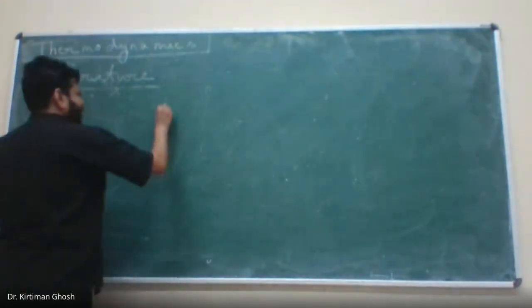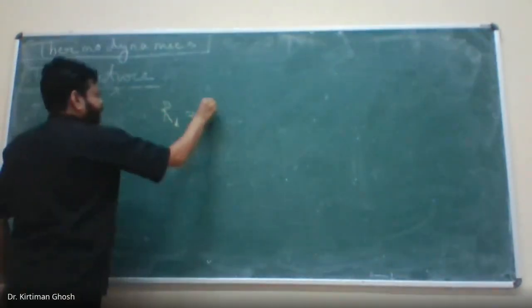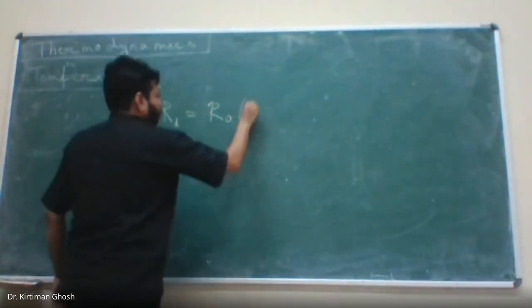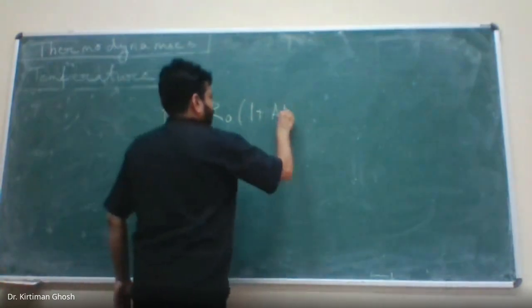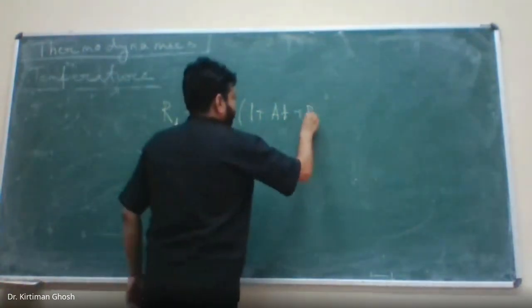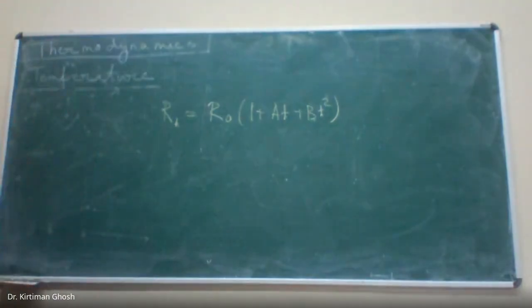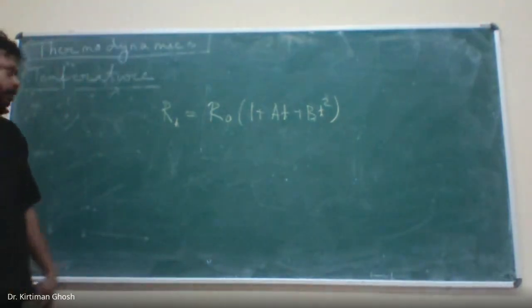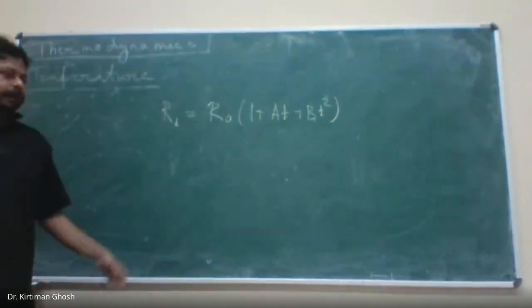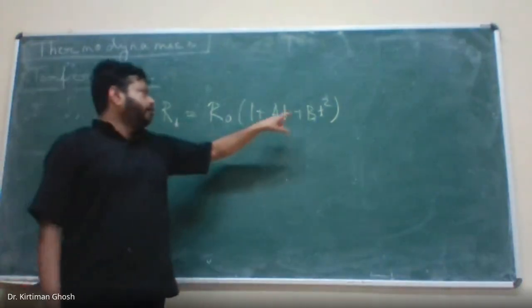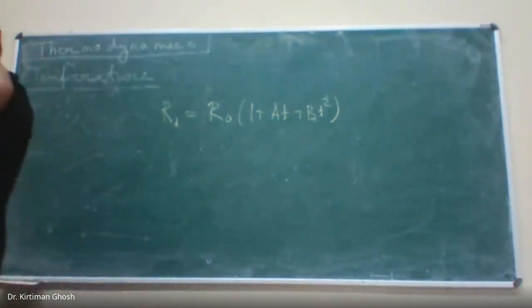Resistance at temperature T can be written as R0 (1 plus A T plus B T squared). So you take a particular resistance and measure the resistance at different temperatures. R0, A, B are some arbitrary coefficients.